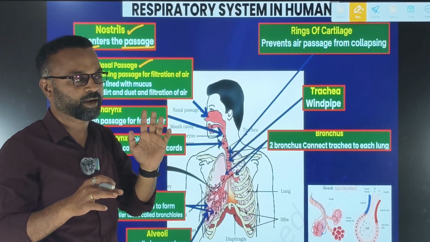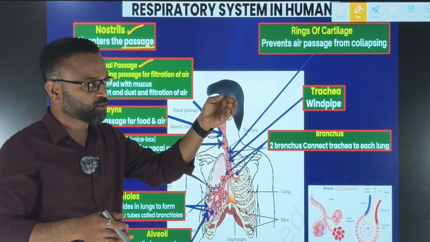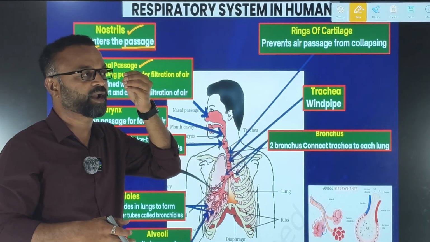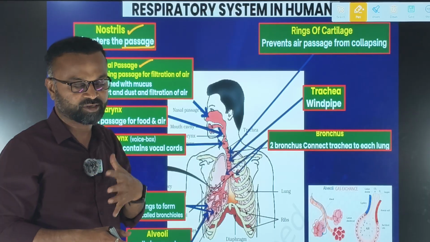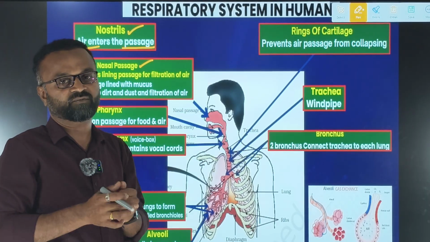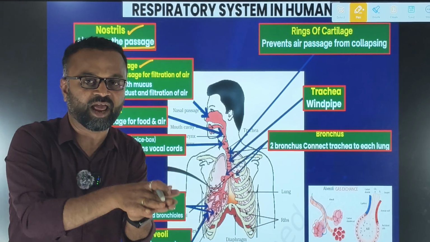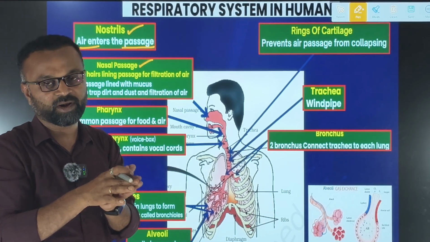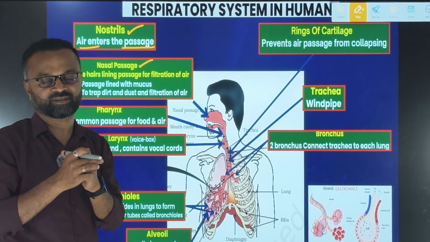No, not that foreign particles. The foreign particle here means the dust particles, which try to enter the respiratory system and can cause infection. So these fine hairs and mucus will trap those dust particles inside the nasal cavity and will not allow them to enter our respiratory system.